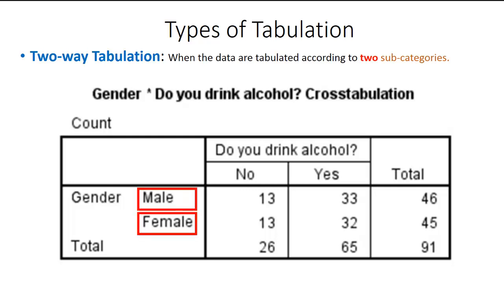So what we have here is one large category, which is gender, and it has two subcategories in it, male and female. We have another large category which has two subcategories, and that is the attitude towards alcohol.